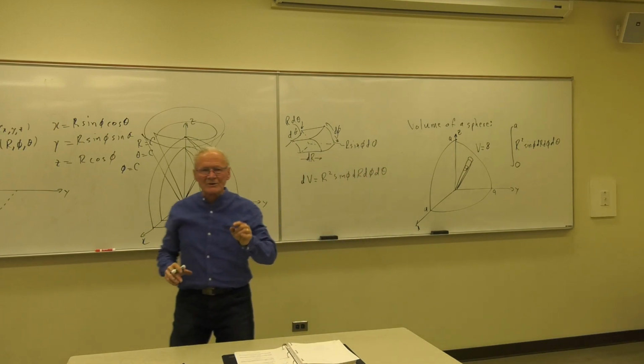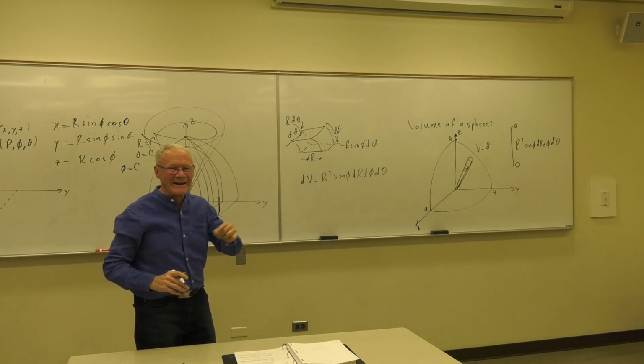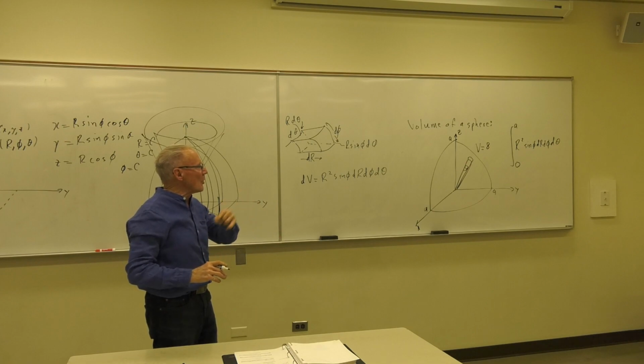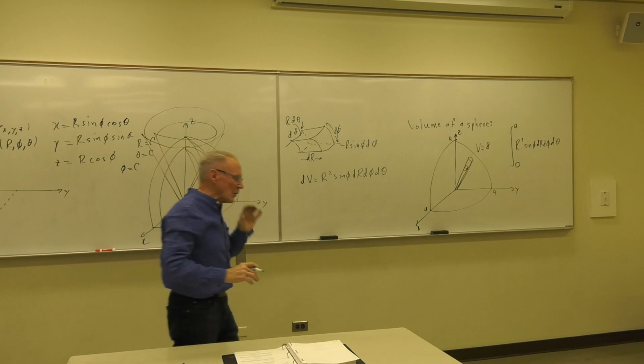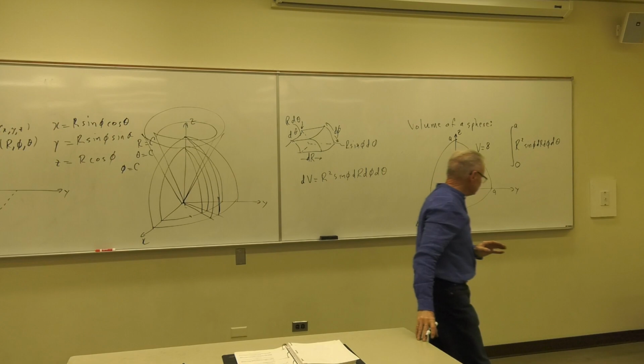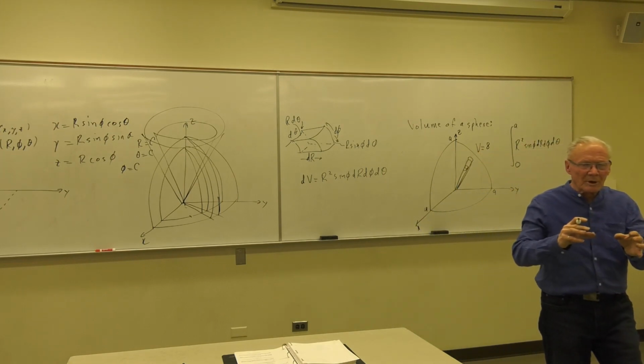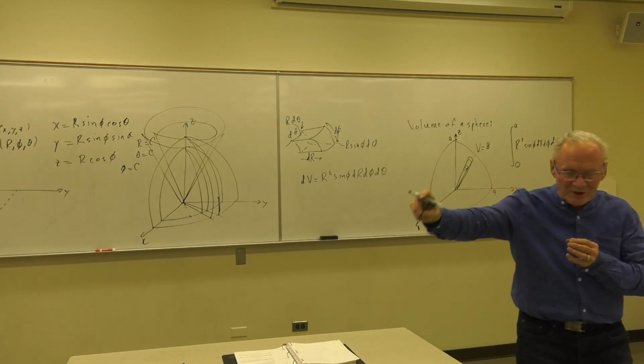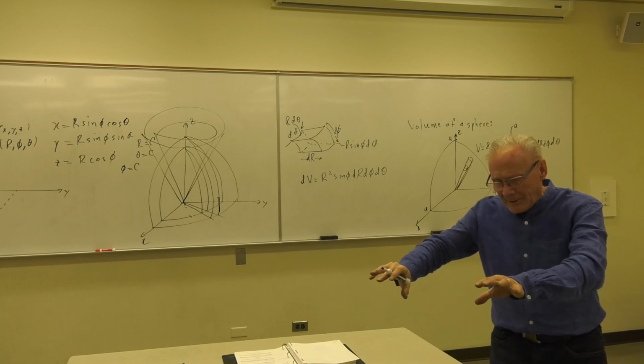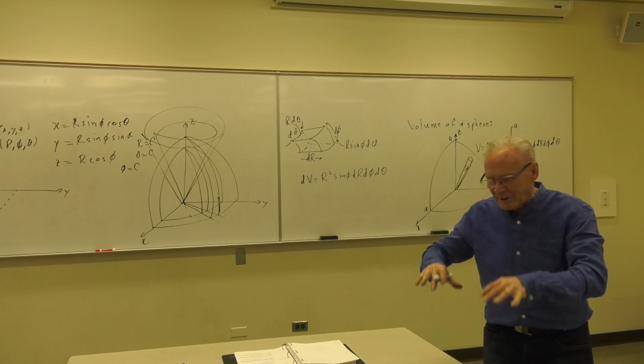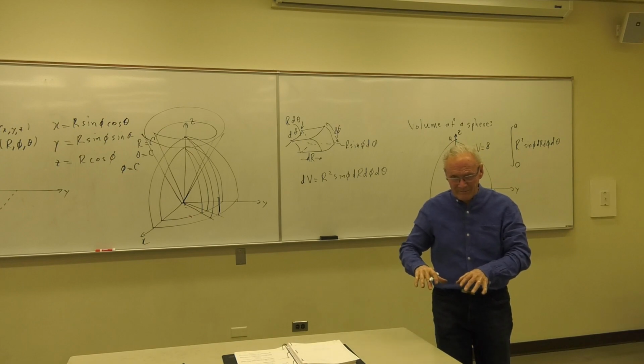I'm now suggesting that we integrate with respect to phi next, which means you're going to hold the theta constant. But notice, important, in Cartesian coordinates, once we've finished that first integration, the second and the third integration, we interpreted as in a plane.